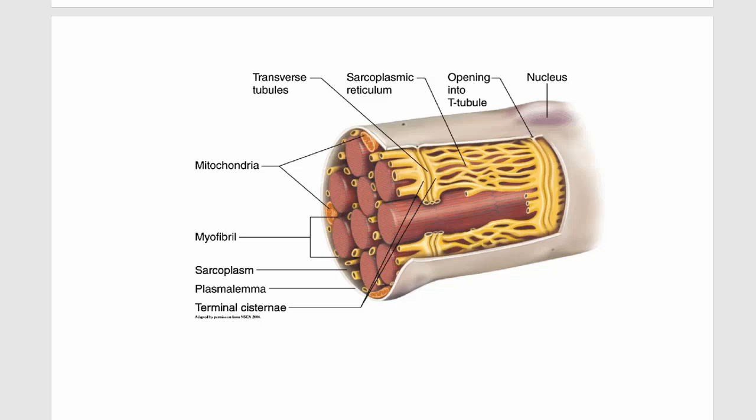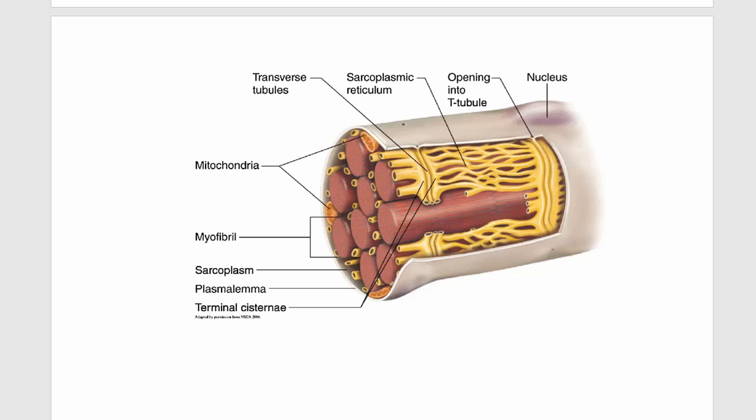When an action potential travels along the T-tubule, it triggers the release of calcium ions from the sarcoplasmic reticulum into the cytoplasm of the muscle cell. The sudden increase in calcium ion concentration in the cytoplasm initiates muscle contraction by binding to the protein complex troponin. And again, we'll be coming across that a lot more.